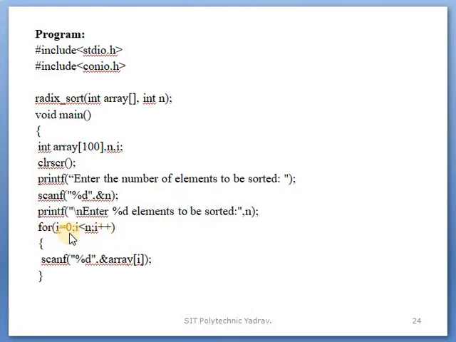The for loop is used because we use the array and one statement is repeated again and again. Scanf inputs the numbers one by one, array of 0, 1, 2 numbers are inputted or scanned using the scanf function.